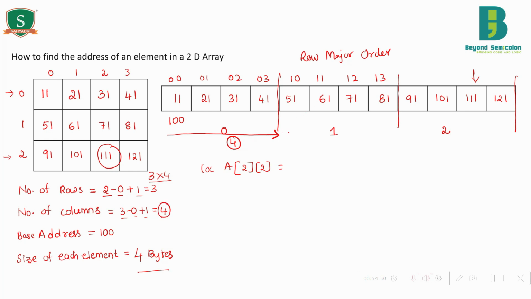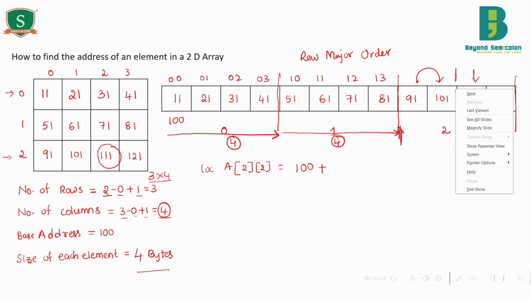Again, if I want to cross the complete second row, I need to cross another 4 elements. Again, 4 is nothing but the number of columns. So 100 plus I need to cross 4 plus 4, that is 8 elements first. After reaching this row, how many elements are we supposed to cross? 1, 2 elements, then we will reach here. Then we can identify the address of this location.